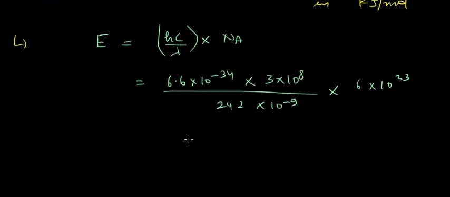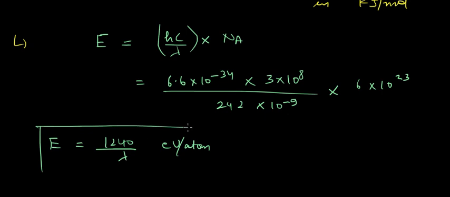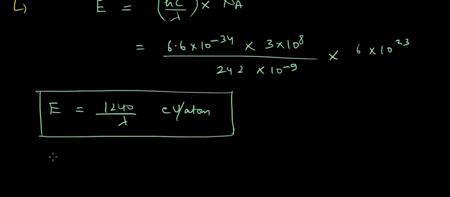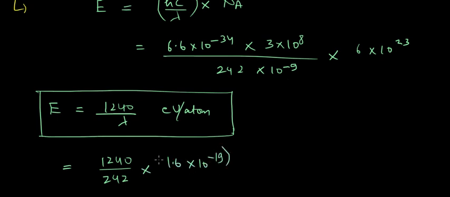Another way, you can just write energy as 1240 upon lambda electron volt per atom. We have actually seen this form in past lectures, so if you remember it, you can directly use this. Okay, so this is per atom. So for one mole, or in kilojoule per mole, you have to multiply it with Avogadro number, so it's just 242 here. Charge on electron is 1.6 × 10⁻¹⁹.